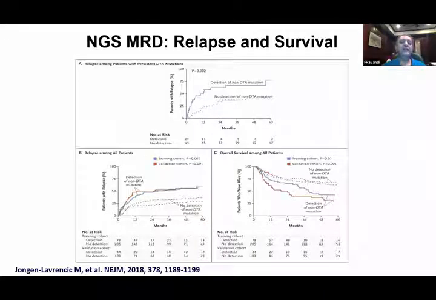They showed that if you forget about those 3, the DTA, or DNMT3A, TET2, and ASXL1, and look at the other mutations, if you clear them, this is associated with much better relapse-free and overall survival.